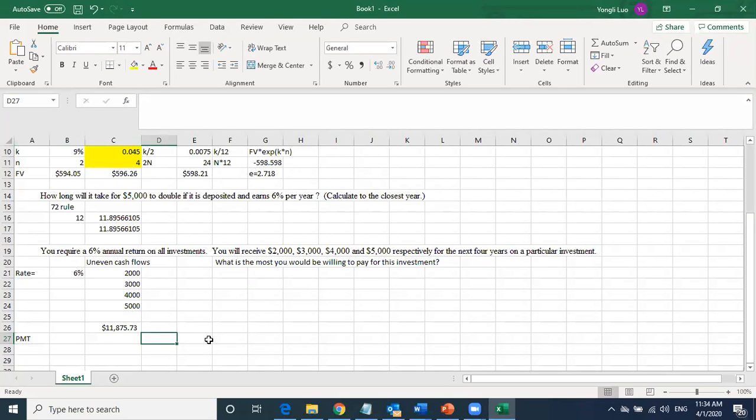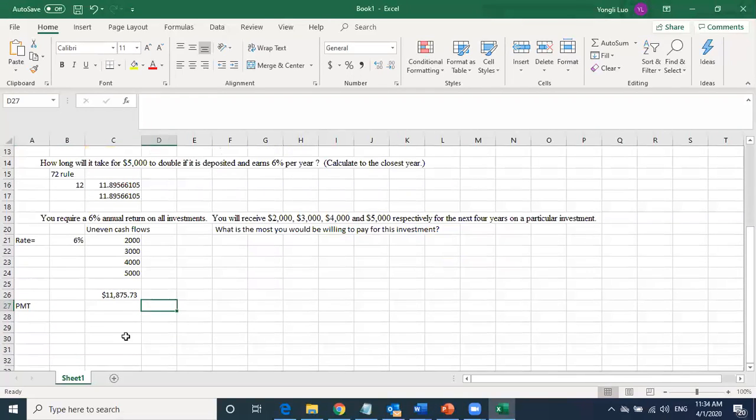So for example, you got a loan, and then you have present value, which is you got a 200,000 loan. You will pay it off in 15 years.